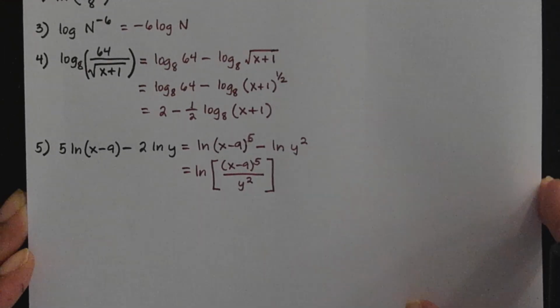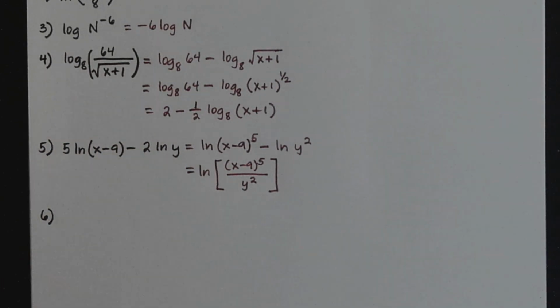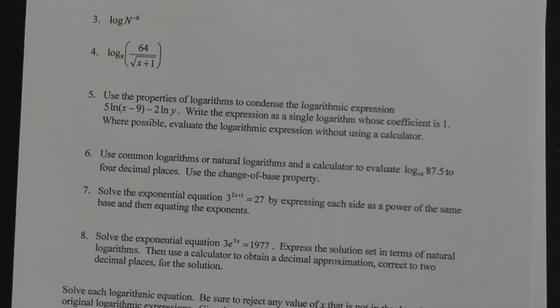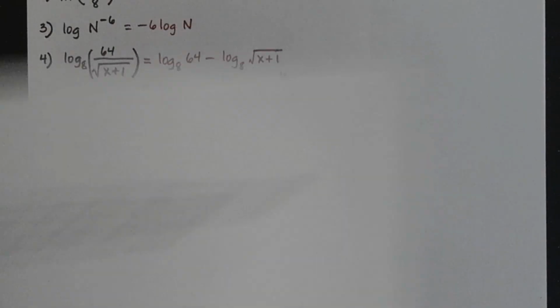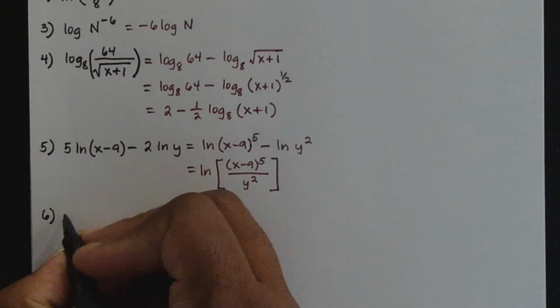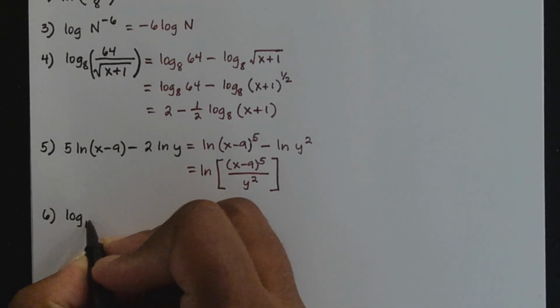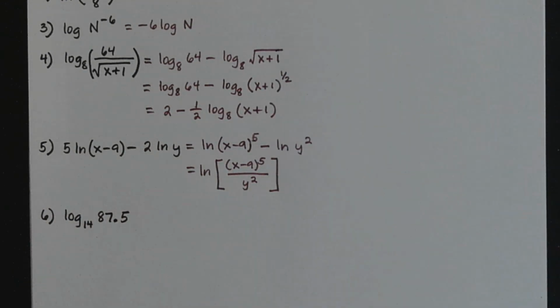All right, number 6 is to use common logarithms or natural logarithms and a calculator to evaluate log to the base 14 of 87.5 to 4 decimal places. And then use the change of base property, which is what you're using to come up with a decimal approximation for log to the base 14 of 87.5.